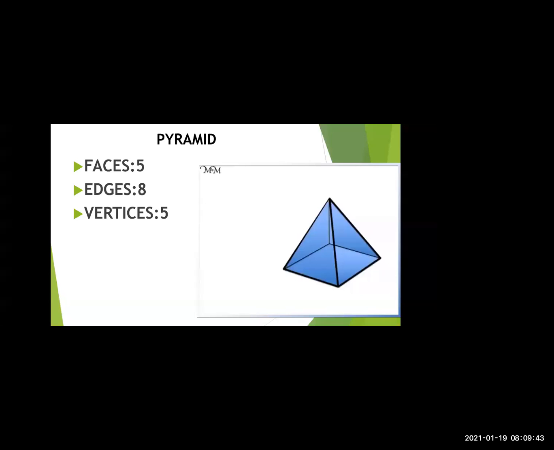That means 4 triangular faces and 1 square base.